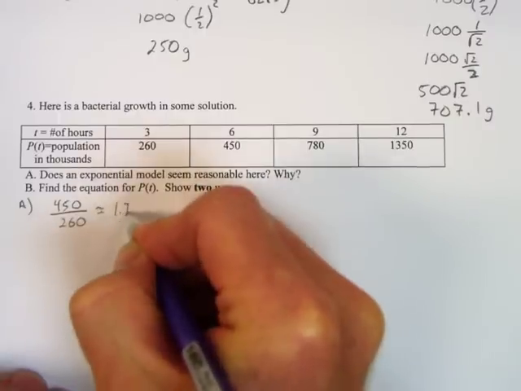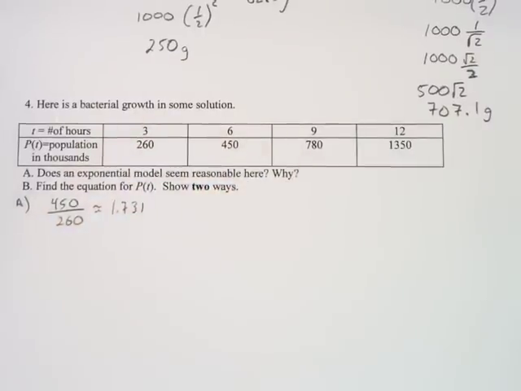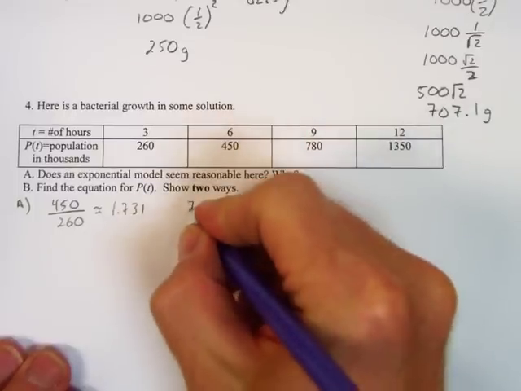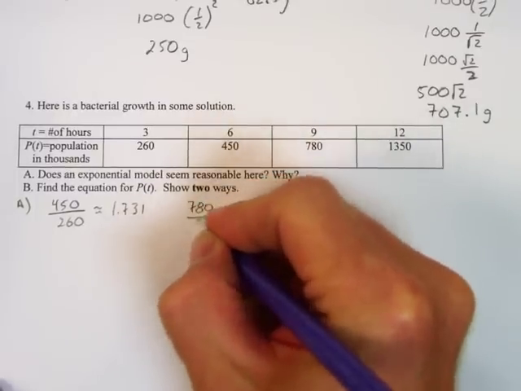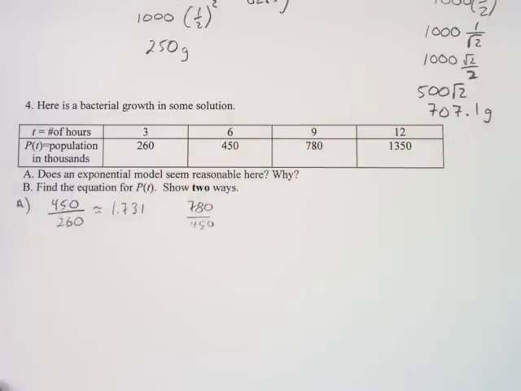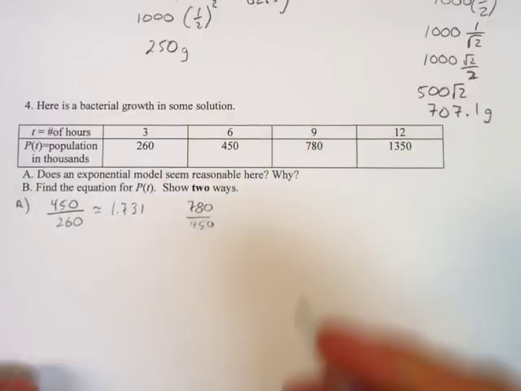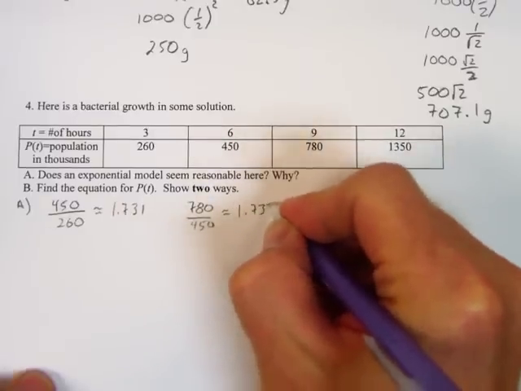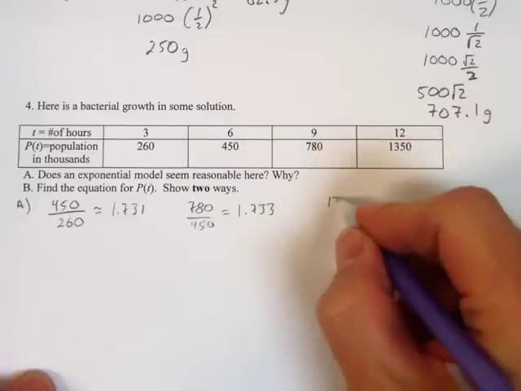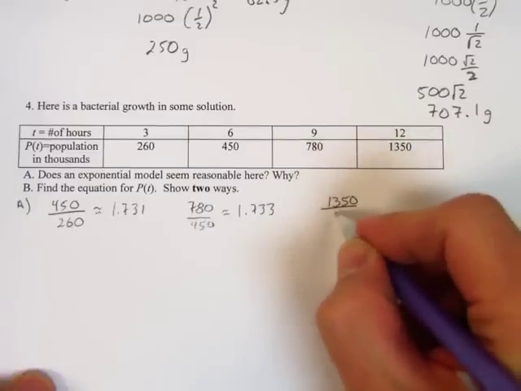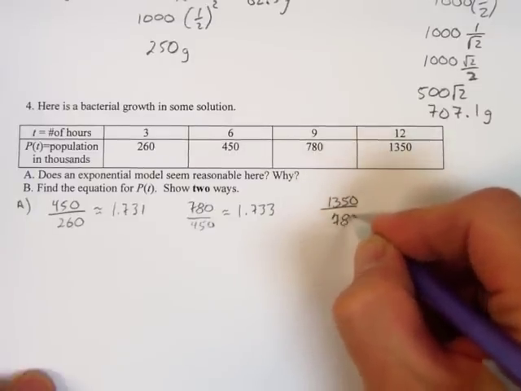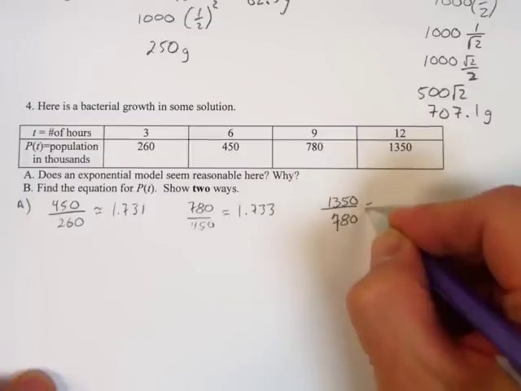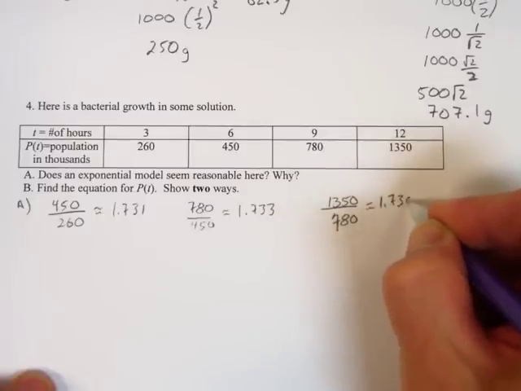That's approximately 1.731. 780 divided by 450 is approximately 1.733. 1350 divided by 780 is approximately 1.730.